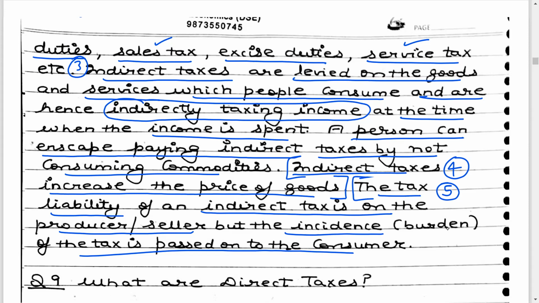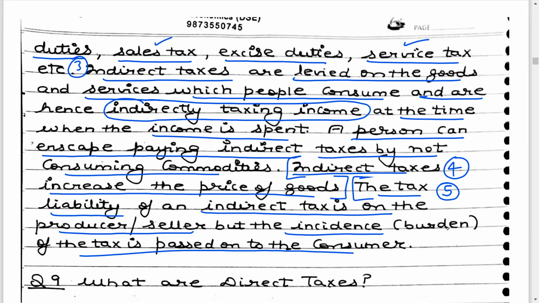And the example we have taken is that in the case of indirect taxes like GST, these taxes are imposed on the producer, so the tax liability is on the producer, but they pass on the burden of this tax to the consumer in the form of higher prices, so the tax incidence or the tax burden is on the consumer.